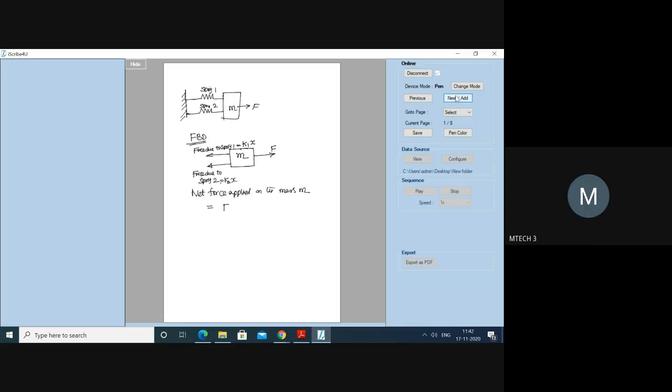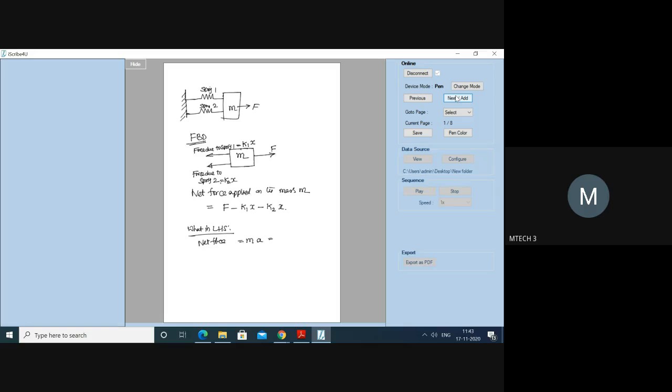F minus K1X minus K2X. Okay, right. What is the LHS? LHS is net force applied on the mass. That will be equal to what? M into A.